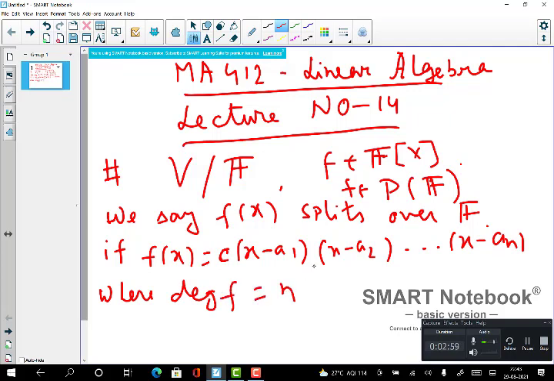Degree means the highest monomial whose coefficient is non-zero, and the coefficient of this highest monomial is called the leading coefficient.